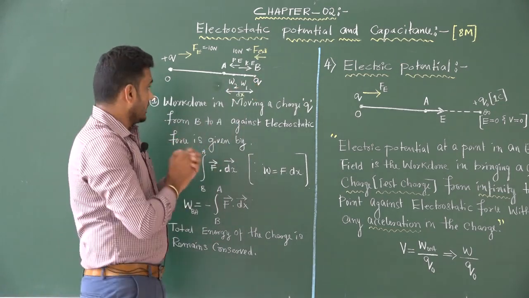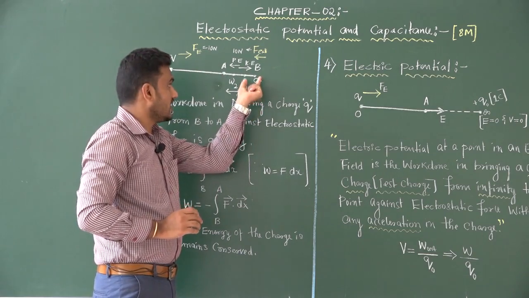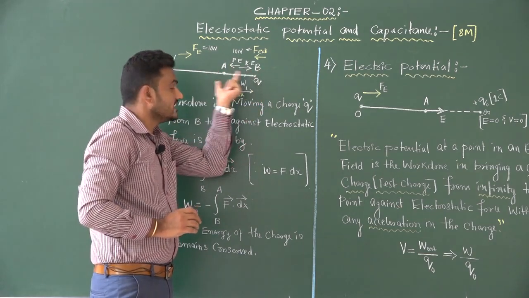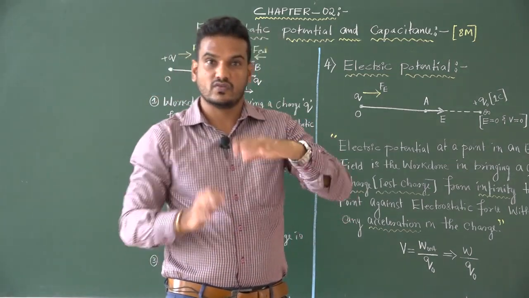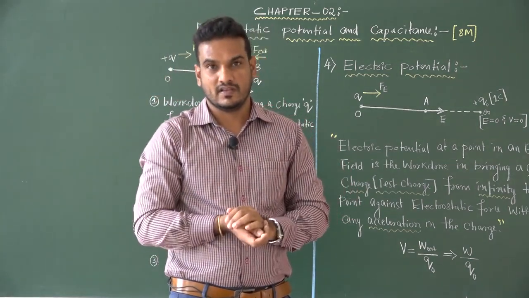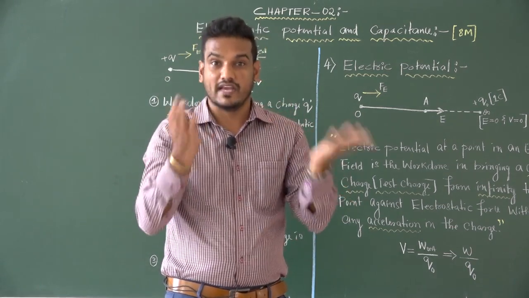Just now I told you that the work done to bring a charge from B to A varies from point to point, which means potential energy also varies from point to point. There will be a potential energy difference between any two points.